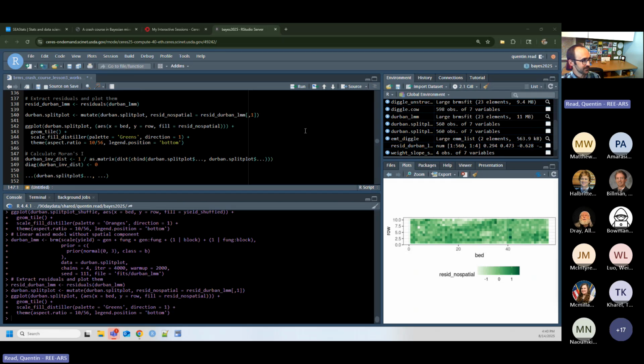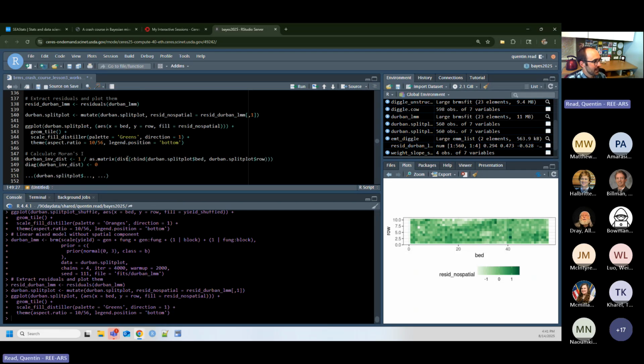What we have to do is calculate the inverse distance between any two points. We're going to count each plot as being one unit apart, just the distance in units of plots, and then take the inverse of that, 1 over the distance. So we have to make a matrix of the x and y coordinates of each plot, where bed is the x coordinate on the map and row is the y coordinate.